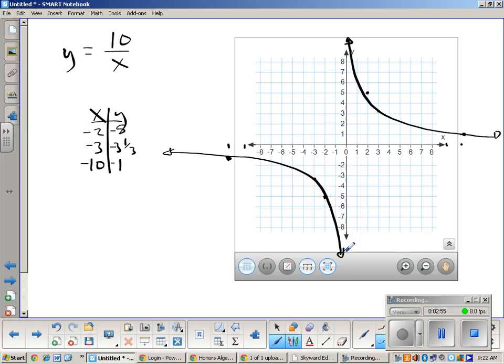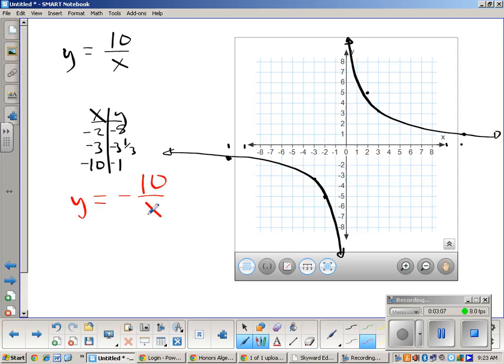Okay? Now, if I went and changed this to y equals negative 10 over x, what's that going to do to everything I found? It's going to flip it. So when x was positive, y is now going to be negative.